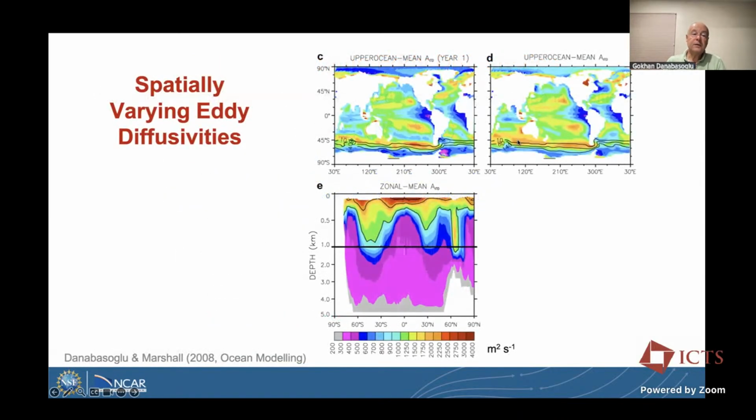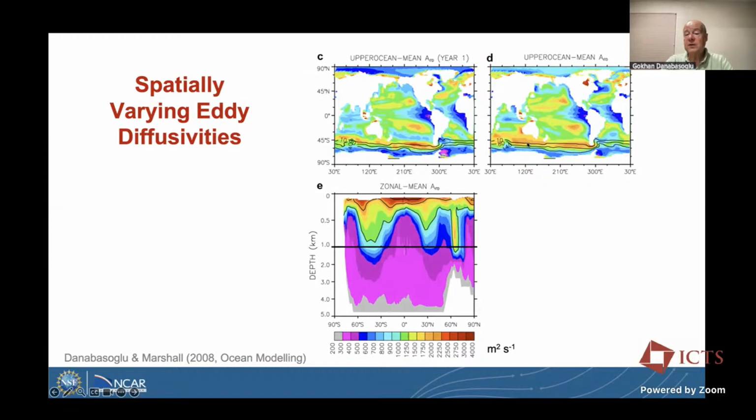And this is a result that we published in the late 2000s. This is showing the spatially varying eddy diffusivities. This comes from a combination of the near-surface eddy flux and this N squared dependency that I just introduced. This is showing the upper ocean, I can't remember, like the upper 100-meter mean or something like that. Year one and later structure for the diffusivity coefficient. And you can see that there's quite a bit of spatial structure.